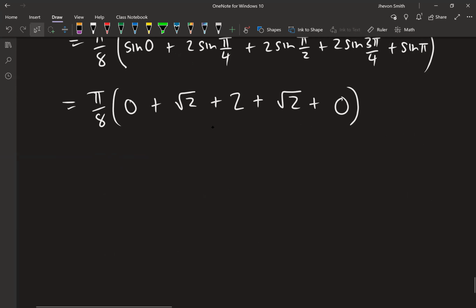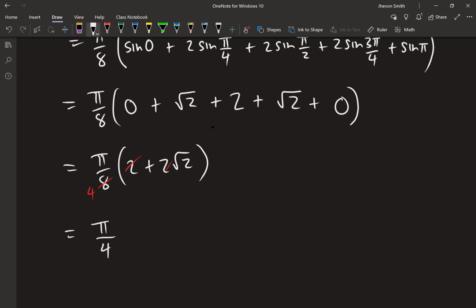So this becomes pi over 8 times 2 plus 2 rad 2. Or you can cancel the 2 into the 8 to get 4. And so this is pi over 4 times 1 plus radical 2. And that is our approximation.